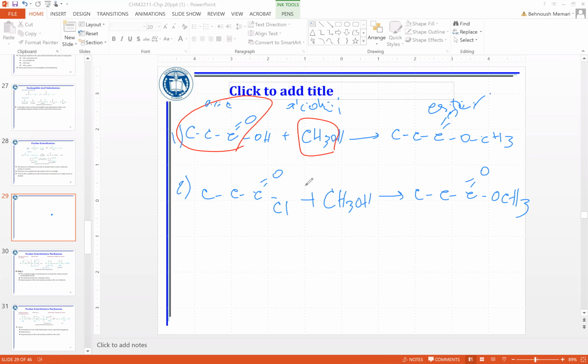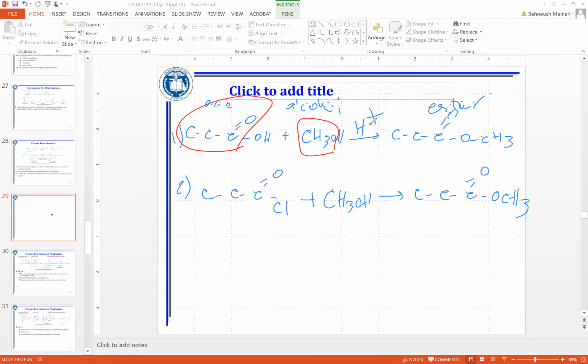Does this second reaction need a catalyst? If you compare the second reaction to the first reaction we already talked about, OH is not a good leaving group and alcohol is not a very strong nucleophile, so you do need a catalyst. For the second reaction, the story changes because Cl is a good leaving group and you don't need a catalyst.